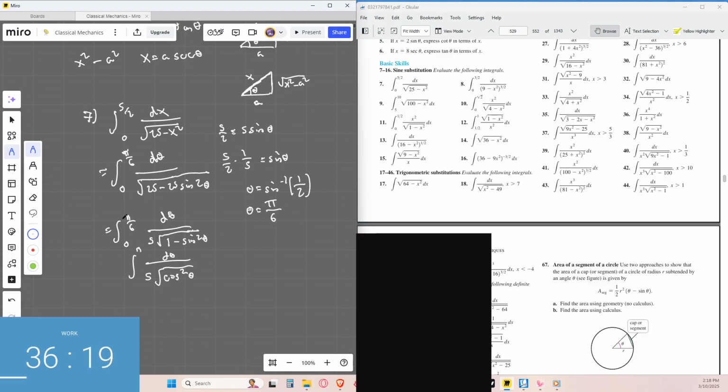I should put equal signs to show you guys the line of my work, and I'll erase this because it didn't look that neat. Okay. Pi over 6, and we have 5 cosine.